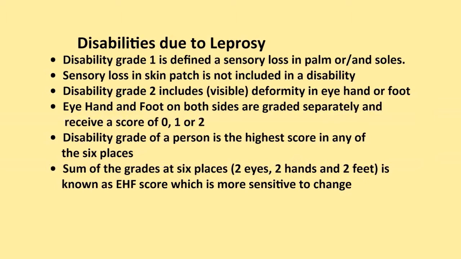Eye, hand and foot on both sides are graded separately and receive a score of 0, 1 or 2. The disability grade of a person as a whole is the highest score in any of the 6 places. The sum of the 6 grades, 2 eyes, 2 hands and 2 feet, is known as the EHF score, which is more sensitive to change.